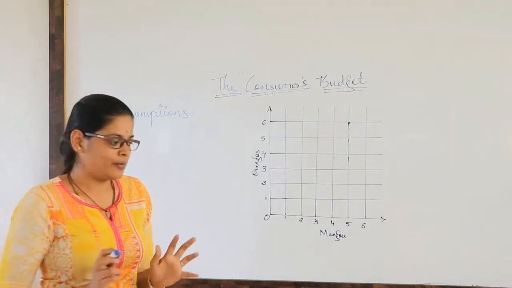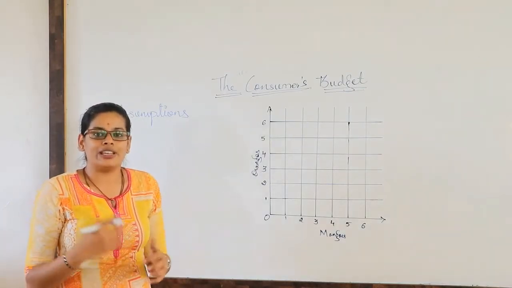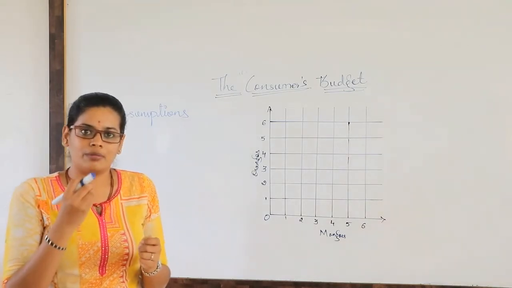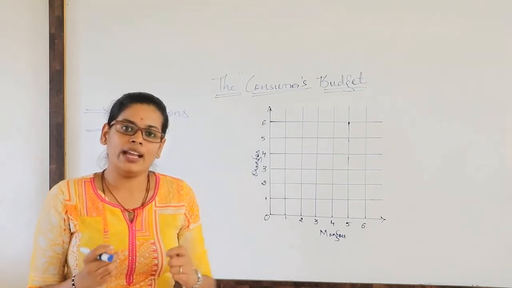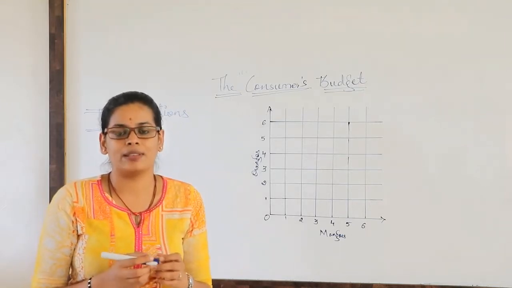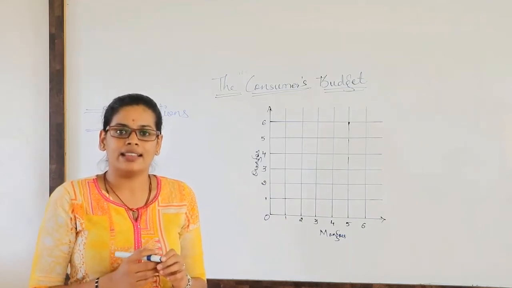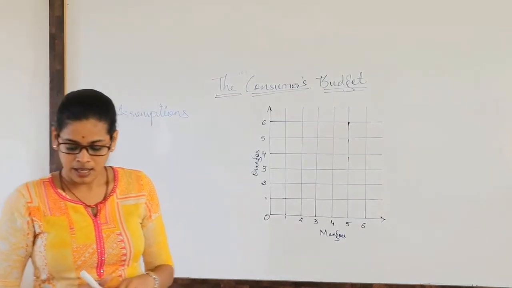That's the first assumption the economists have made. When we change the income, the results may vary. That's the reason why economists keep these assumptions in the first place. So here we consider that the consumers have fixed income.